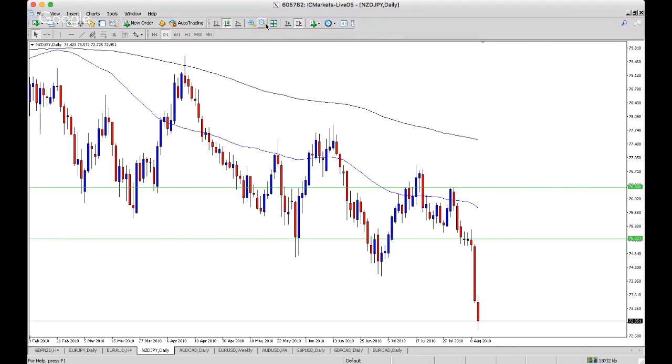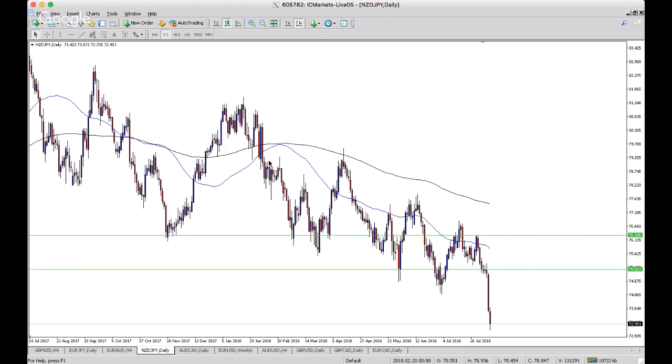So these will be my two levels for my weekly. If you look at the moving average, price is below the 250 moving average, so a sell opportunity is very much favored here rather than a buy opportunity. So we'll be looking for a pullback, because if you compare these two candles, the Friday close candle, even though it's bearish, is shorter than the previous one, which is telling me that momentum might be slowing down.